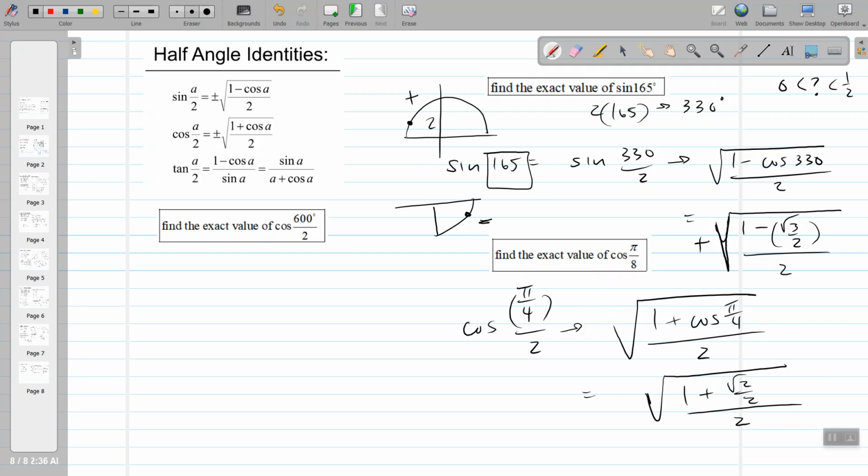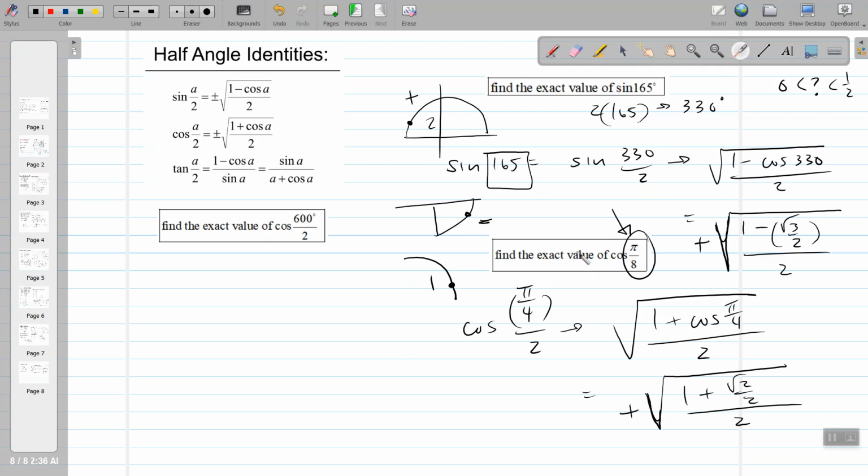Okay, again, make sure that radical covers the top and the bottom of the fraction. And then lastly, when we look at this, we are actually looking at this guy over here to determine the sign. Okay, so where's pi over 8? Pi over 8 is located somewhere here in the first quadrant where cosine is positive. So once again, our sign here is going to be positive.